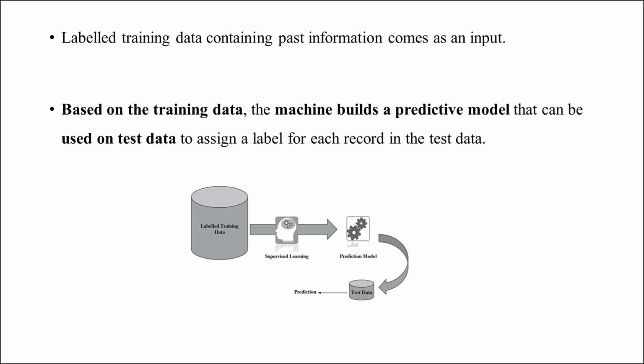Based on the training data, the machine will be able to build a predictive model that is used on the test data to assign a label for each record in the test data. When the labeled training data is applied on supervised learning algorithms, a predictive model is built and it can be used on the test data, and finally the prediction can be made.